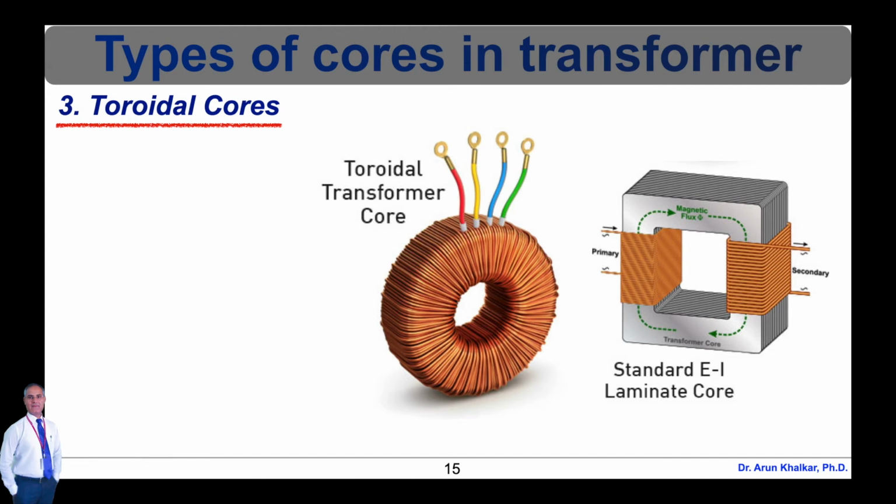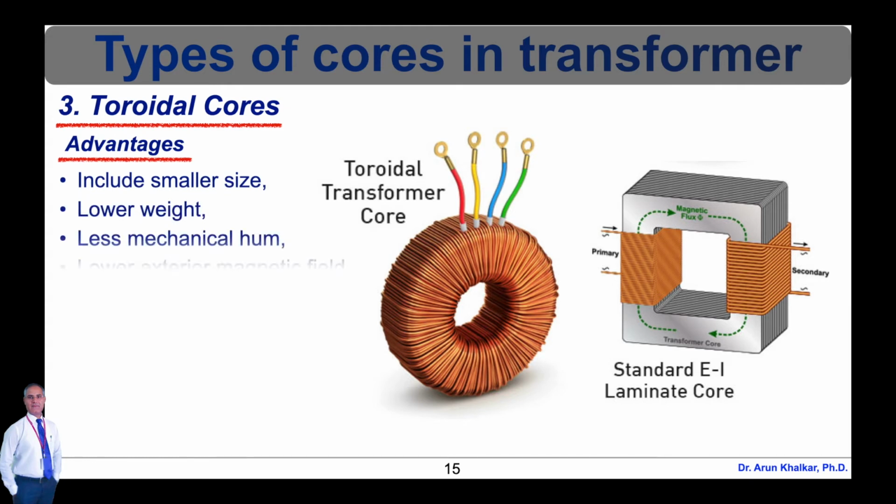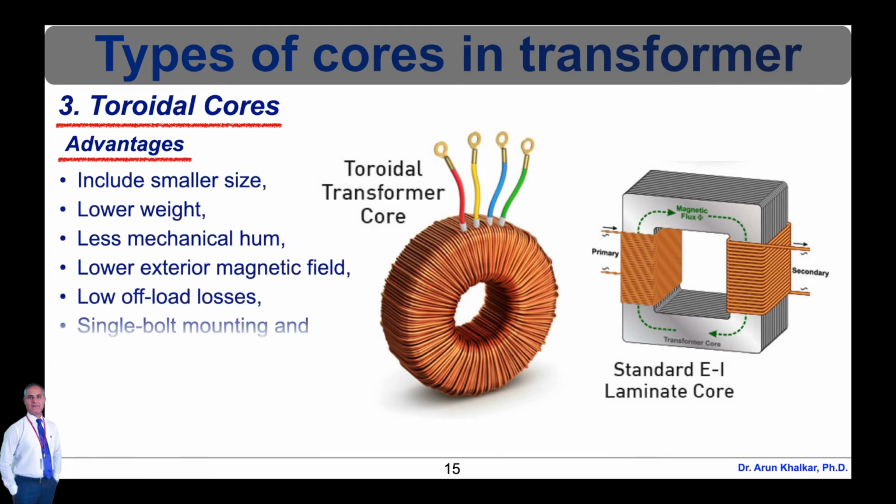Other advantages compared to EI types include smaller size, about half, lower weight, about half, less mechanical hum, making them superior in audio amplifiers, lower exterior magnetic field, about one-tenth, low off-load losses, making them more efficient in standby circuits, single bolt mounting, and greater choice of shapes.